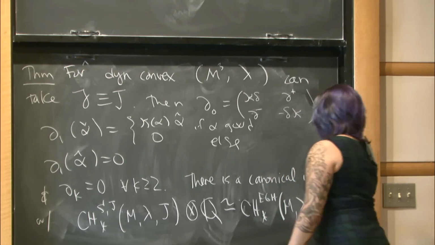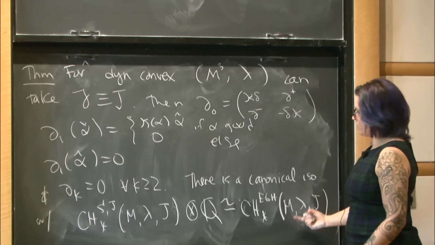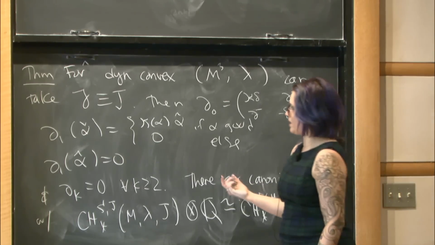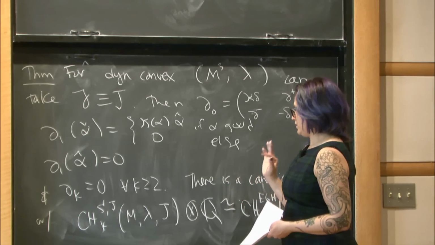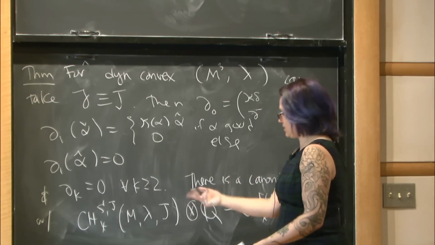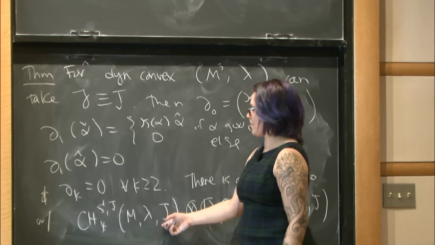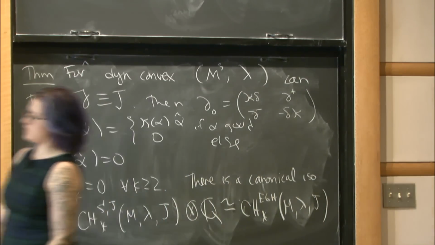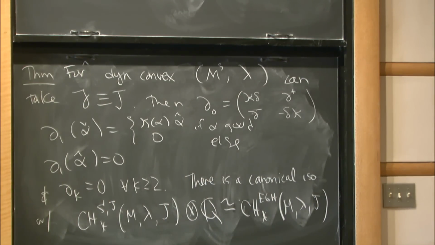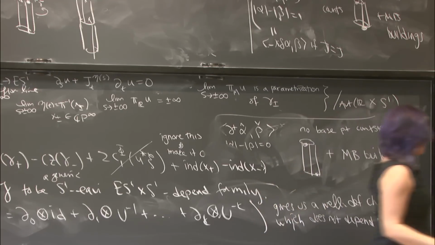And we'll also get invariance of this theory because if we take a small ES1 cross S1 dependent family of almost complex structures that's sufficiently close to this time-independent guy, we can use this theorem to say that it's actually an invariant and it didn't depend on the contact structure.